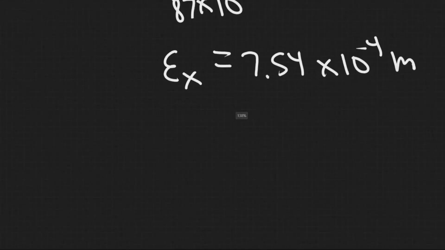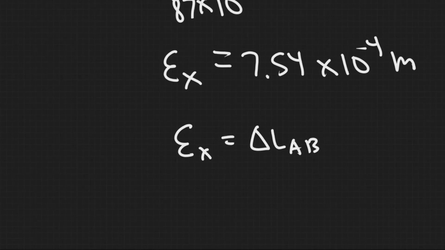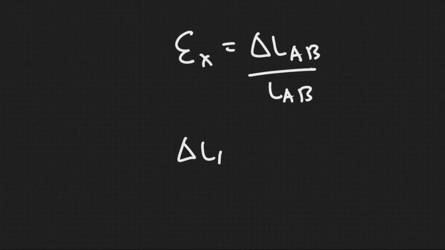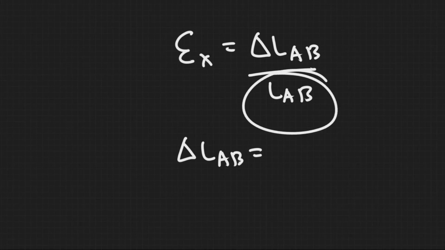So we have epsilon x equals, we'll call it change in length AB over the initial length in AB. So we want the change in length. So it's going to be equal to the initial length, we'll call it L_AB, multiplied by our strain.